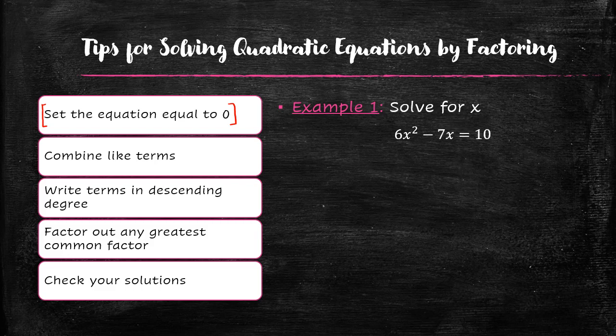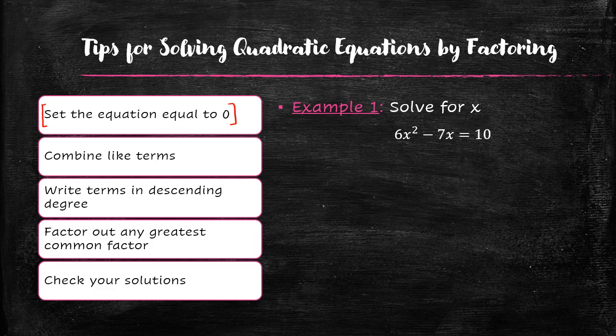Sometimes that means manipulating the equation a little bit, moving certain terms to one side or the other, but this is super crucial. We also want to combine any like terms. So if we have multiple constants in the equation, we want to add or subtract those all together. If we have multiple x squared terms, you know what like terms are.